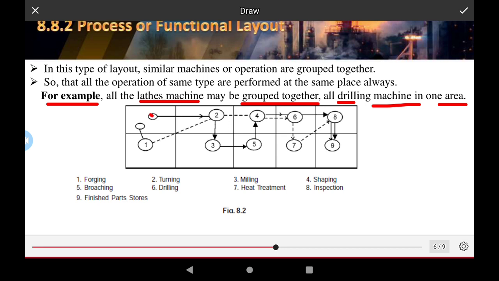Suppose this machine is for the drilling operation, and this is the whole area of machining.